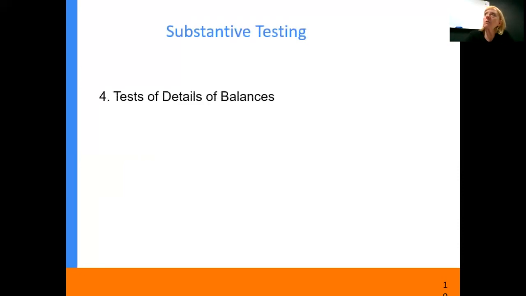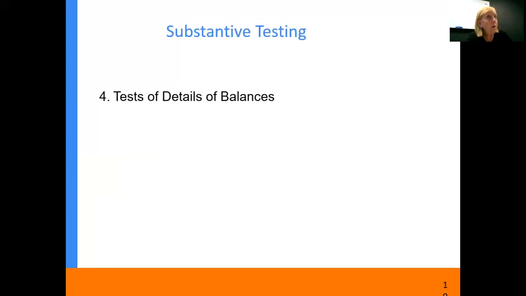And once I've got the results of those tests of transactions, I will design my tests of details of balances. If I do these tests of transactions and find lots of mistakes, lots of errors, then I'm going to have to do more tests of details of balances than I originally decided to do. Because those misstatements that have occurred in the transactions are not supporting my level of control risk.